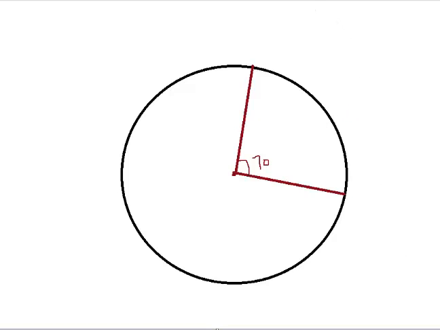Number two, if you want to know how much of this circle this angle takes up, in other words, this whole area, this whole 70 degrees, this whole orange area, well, then you'd have to figure out the entire area of a circle, and the entire area of a circle is pi r squared. And once you figure that out, you would multiply by whatever percentage this takes up. Now, of 70 degrees, there's 360 altogether, so you'd have to divide 70 by 360.